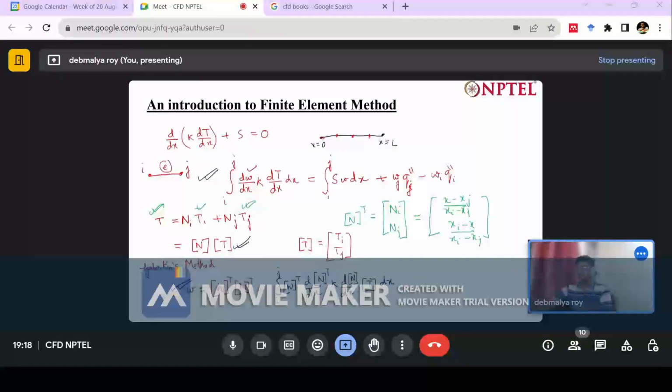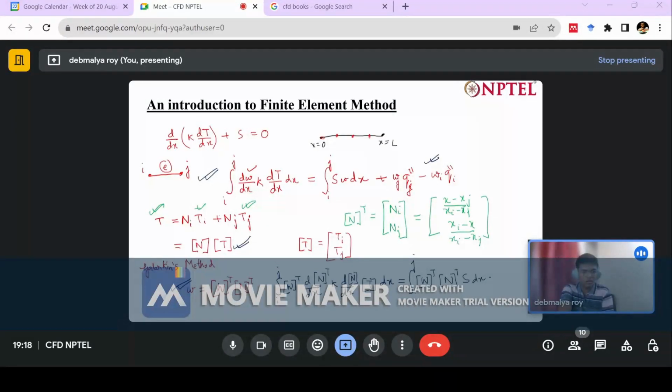Dx, and this side we will have W transpose, N transpose. S is a scalar, so S will remain, dx. So this was the source term. Now we have this. What is Wj? Wj is nothing but capital Wj, and this is Wi, which is also nothing but capital Wi.